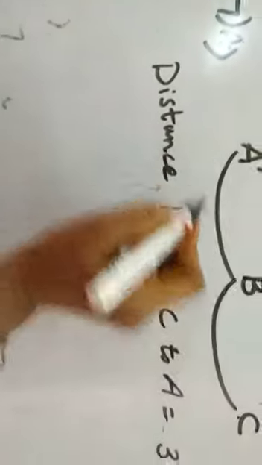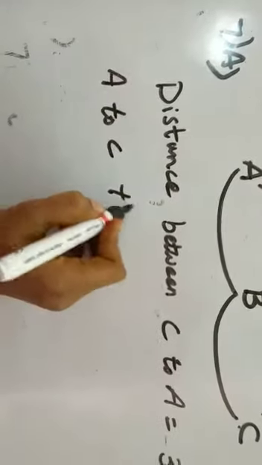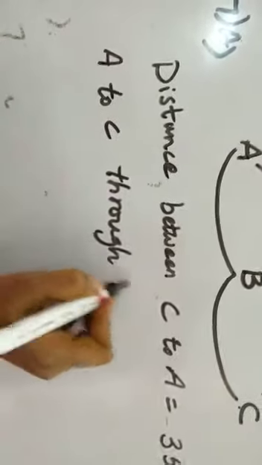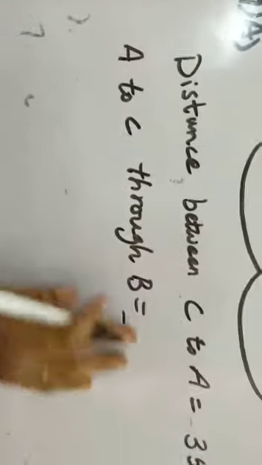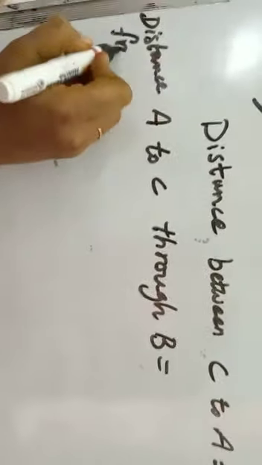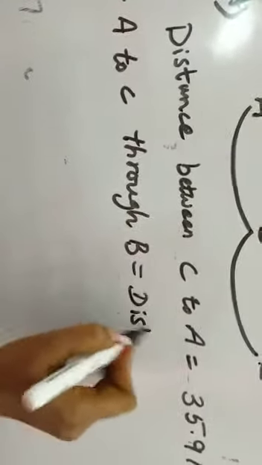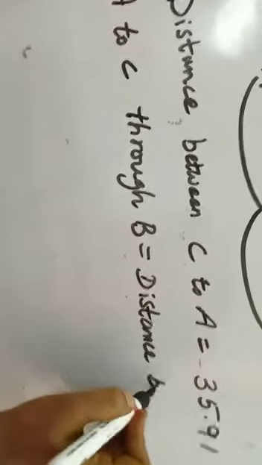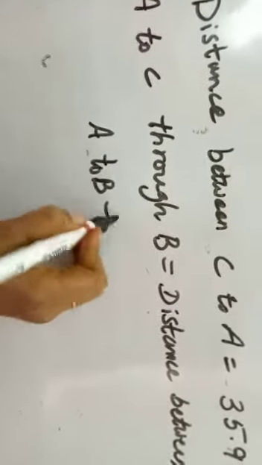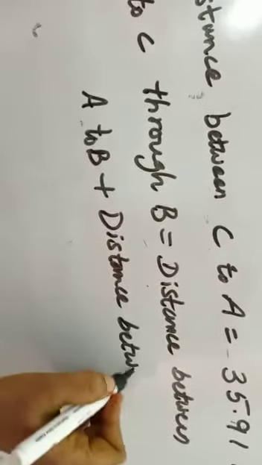If he goes from A to C through B, A to C through B means distance between A to B plus distance between B to C.